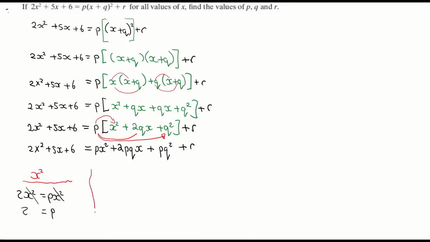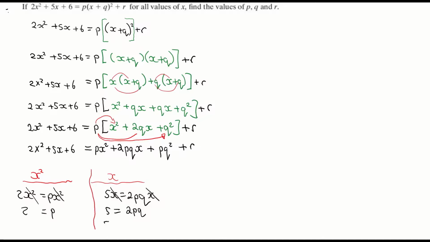There's our p. Now we're going to come over to our degrees of 1, which is just x to the power of 1, or just our x, which is giving us 5x is equal to 2pq. Now we found the value for p, so we're going to sub that in. I'm going to divide across by x first of all. So when I cancel my x's, I have 5 is equal to 2pq.